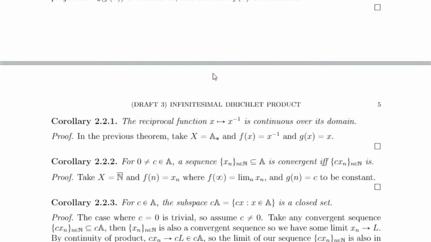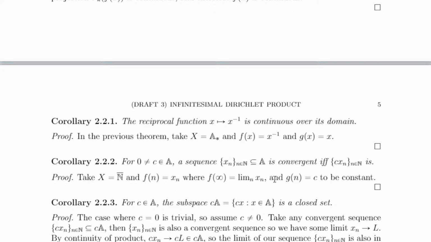The way this fits into our theorem: because c is non-zero, the z value of g will be finite, and because g is a constant function, the z value of g will be constant and finite. And of course g is also continuous.